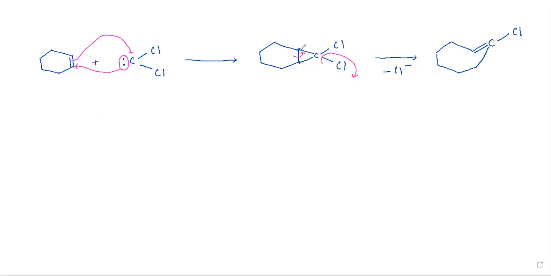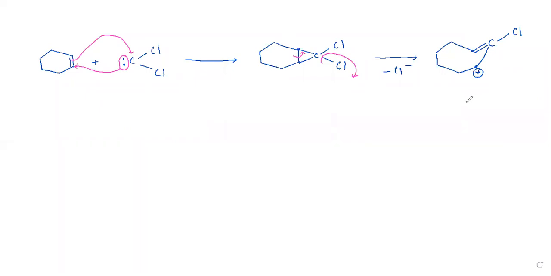But see, earlier this bond was between these two carbons. This carbon is still holding the bond here, whereas this one has lost. So let me put a positive charge here. This one. Okay. Because this carbon has lost its bond, this one is still retaining the bond.